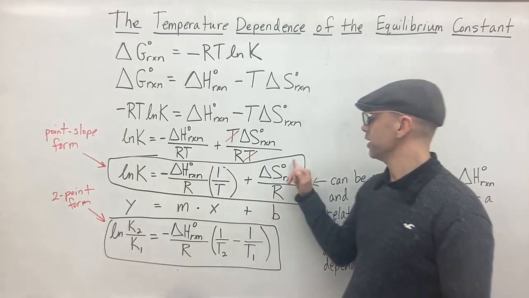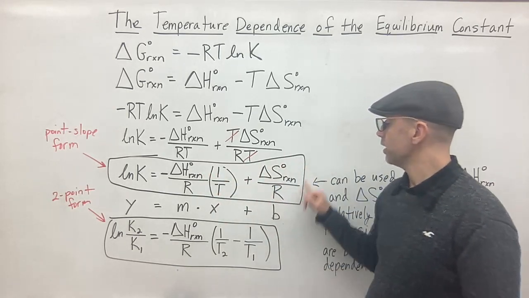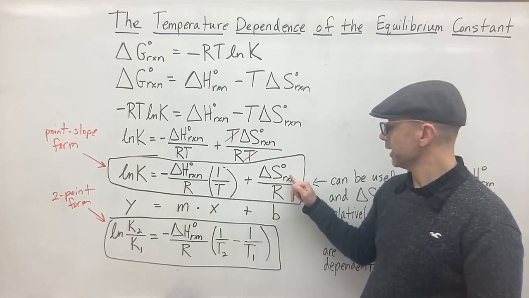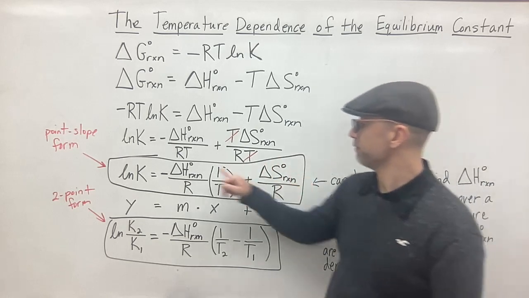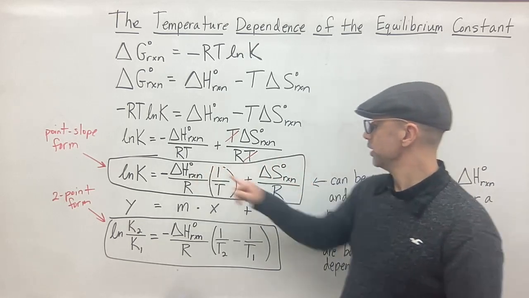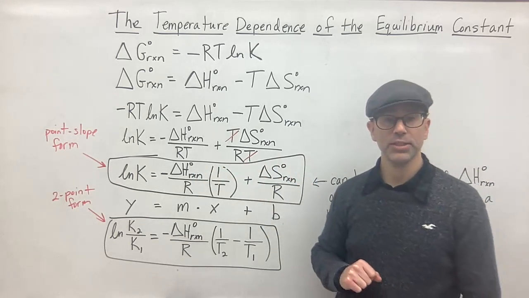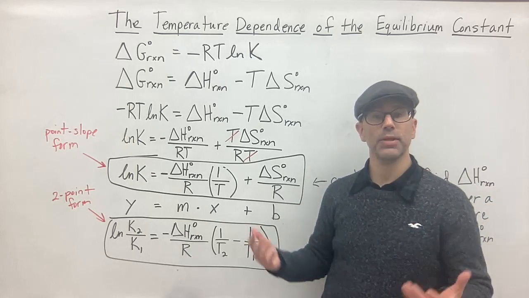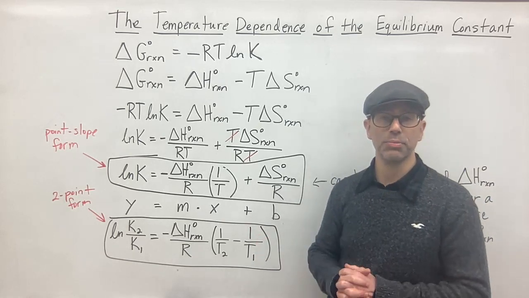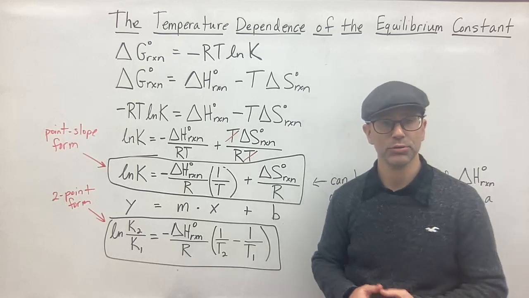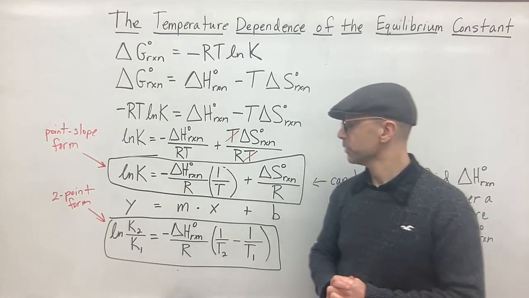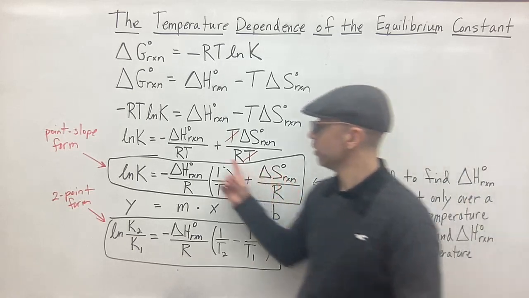And from the y-intercept, I can find my delta S of the reaction. So I can get thermodynamic information, delta H, delta S, from my straight line. And if I do a best fit, I can tell the computer or the Excel program to give me the equation. So that's the point slope form.